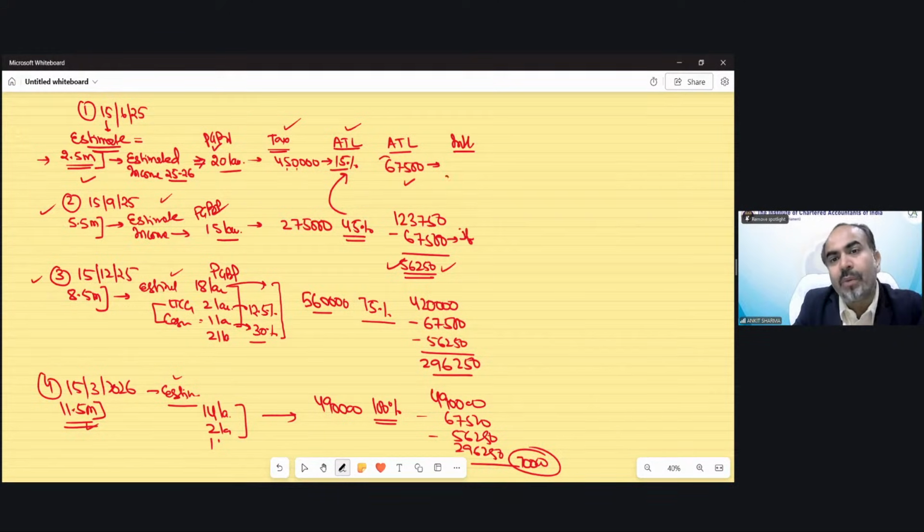You deposit only 20,000, suppose. If there is any shortfall in deposit, then you need to pay interest on it under section 234C. That we will discuss later. But if there is any shortfall, then you have to pay interest on it.